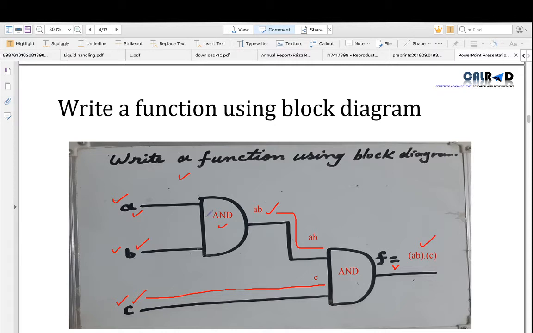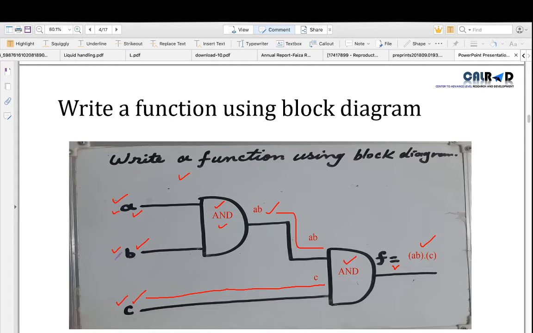Let's do this once more. So the first step is to check how many gates are there and which are those gates. So we saw that we have two gates and both are AND gates. Now we check how many inputs are there.